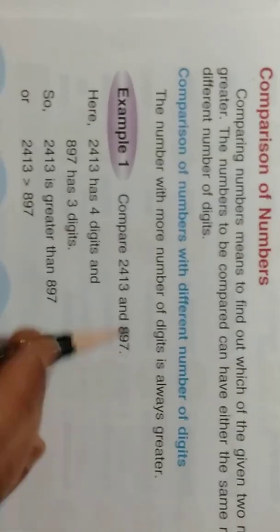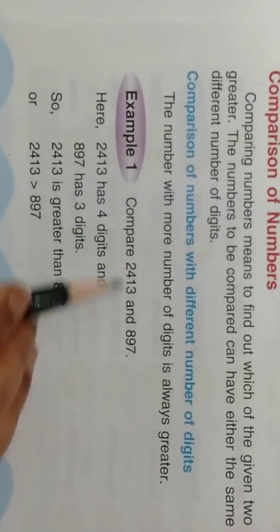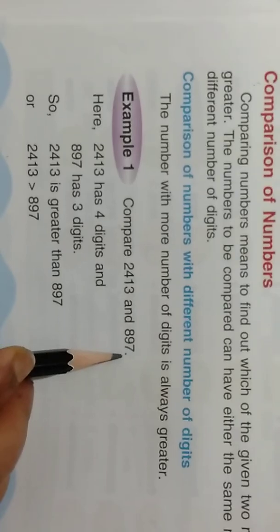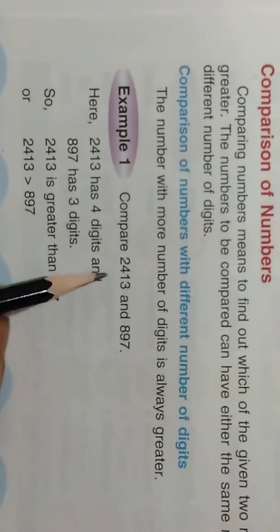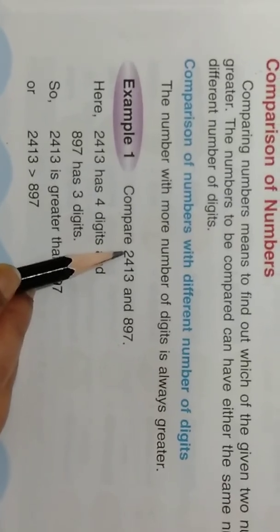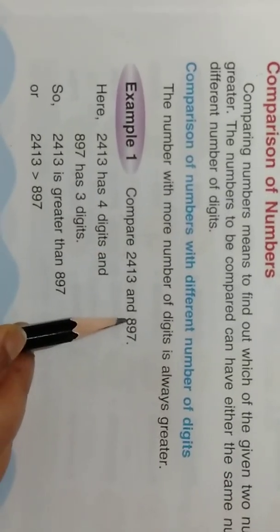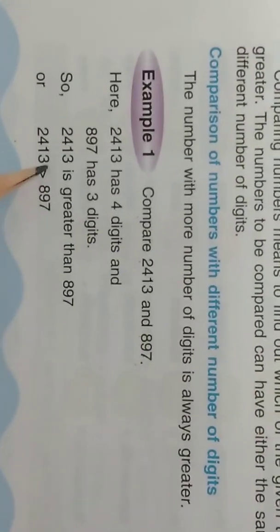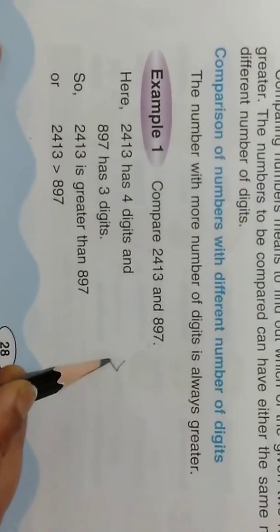In the same way, if we have to compare two numbers, 2413 or 897, which one is greater? Just see, this is a 4-digit number, 1, 2, 3, 4-digit number, and this is a 3-digit number. So automatically the 4-digit number is greater than. When you are writing greater than, you put the sign this side.